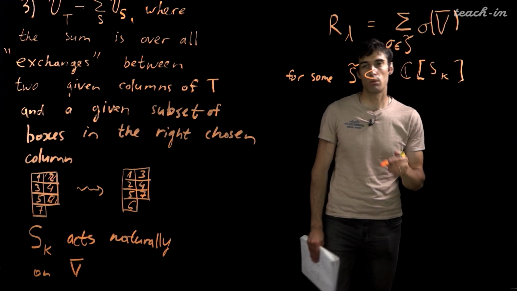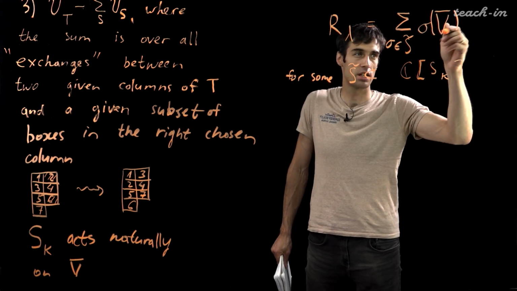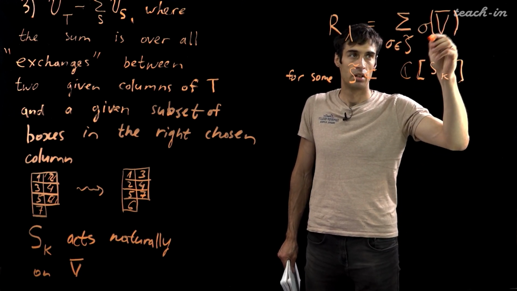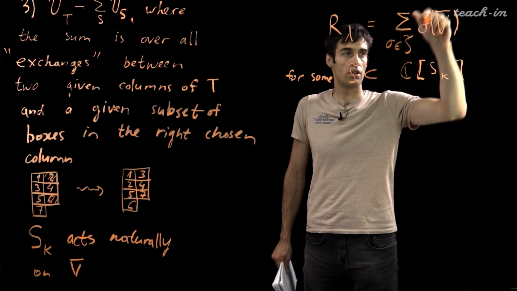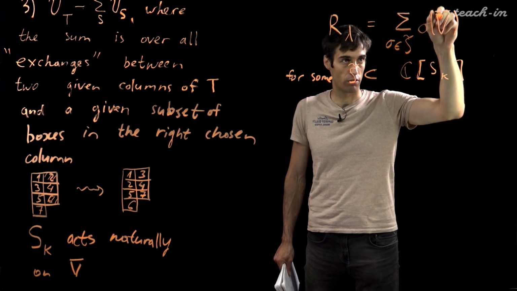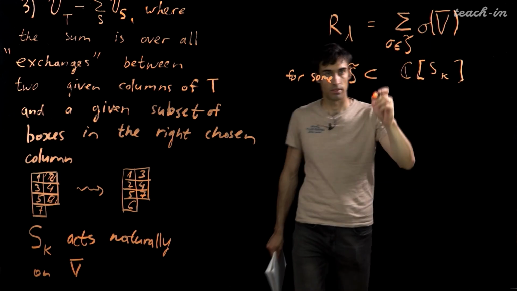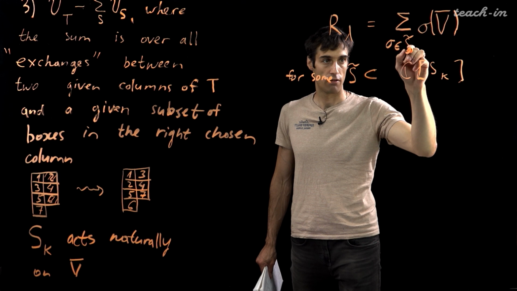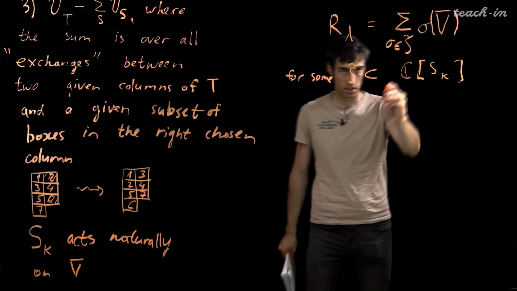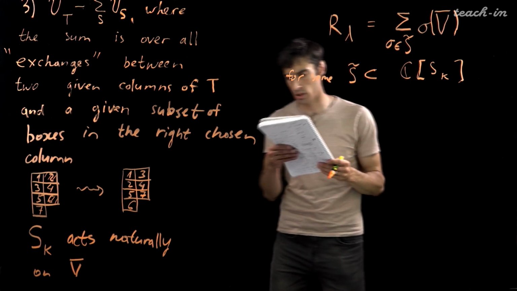So for that, I would like to argue that it is actually the sum of images of V bar under some elements from C of Sk. Why do I need this?